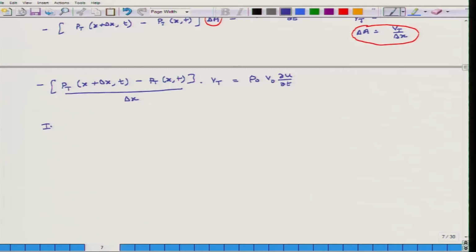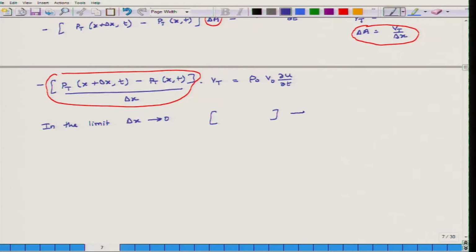The next thing we do is we shrink the size of this delta x. So, we say in the limit as delta x is approaching 0, this entire term approaches the value partial of p t with respect to partial of x. Why is it?